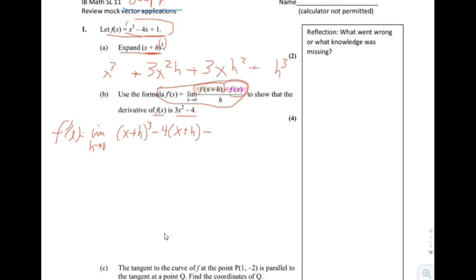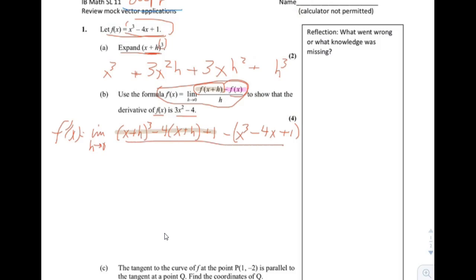So that is f of x plus h, slightly expanded, right? And then we're going to subtract f of x, which is just x cubed minus 4x plus 1. And then that's all on top of h.